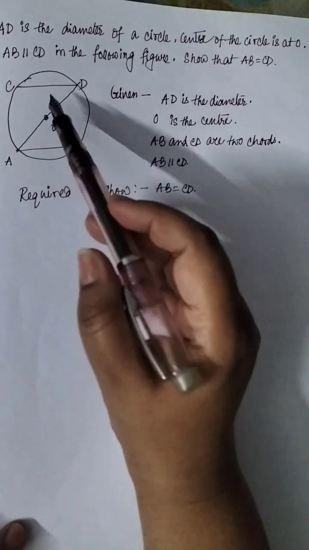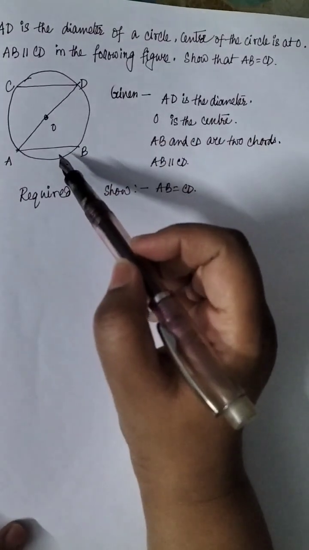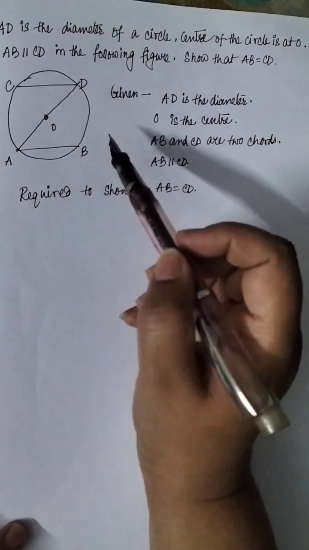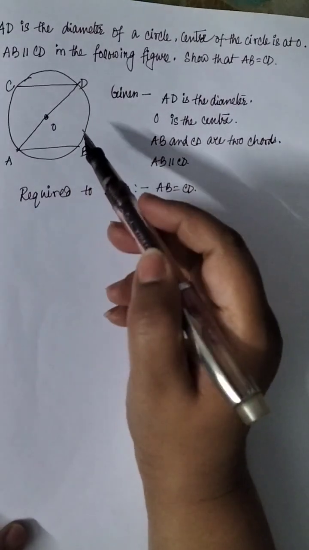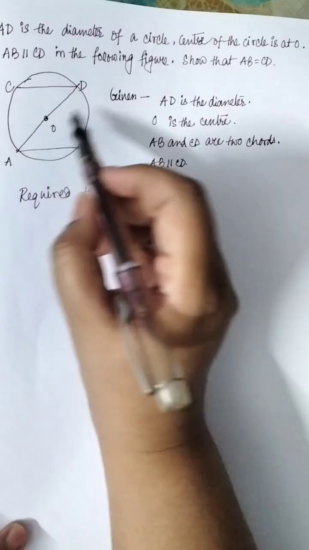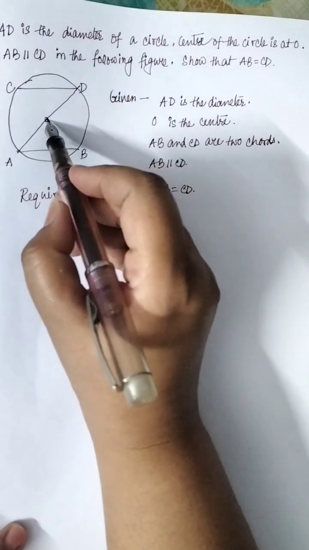So we will show it by proving that these two chords are equidistant from the center. That's why we have to make a construction here.